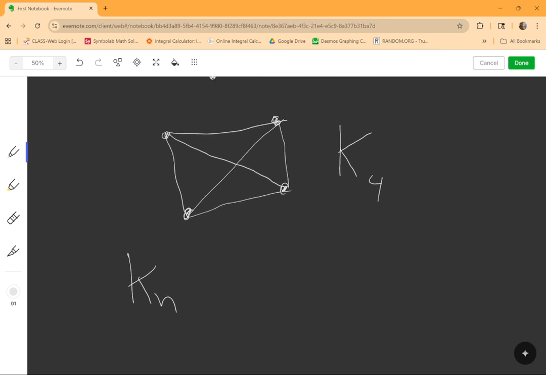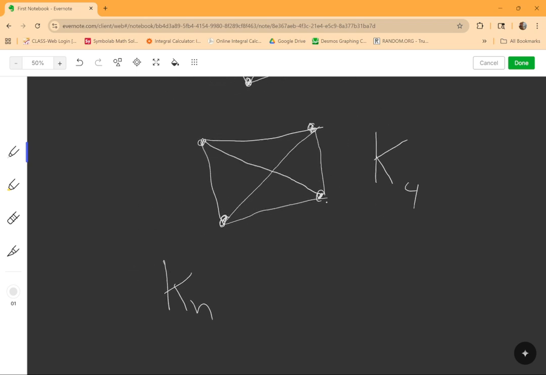So notice here that for K4, each vertex had degree 3 because I need a path to go to the other 3 vertices. So in general, the degree here for any vertex would be n minus 1, right?